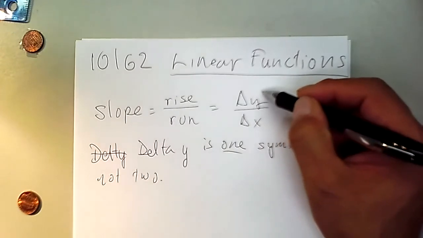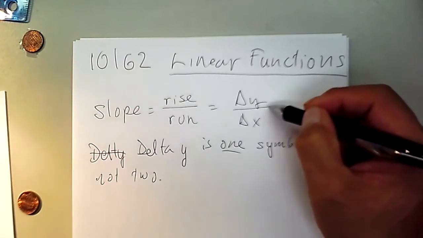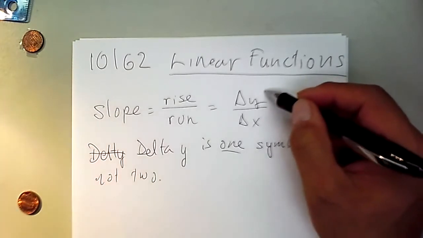So delta y is how much the output changes, and delta x is how much the input x changes.